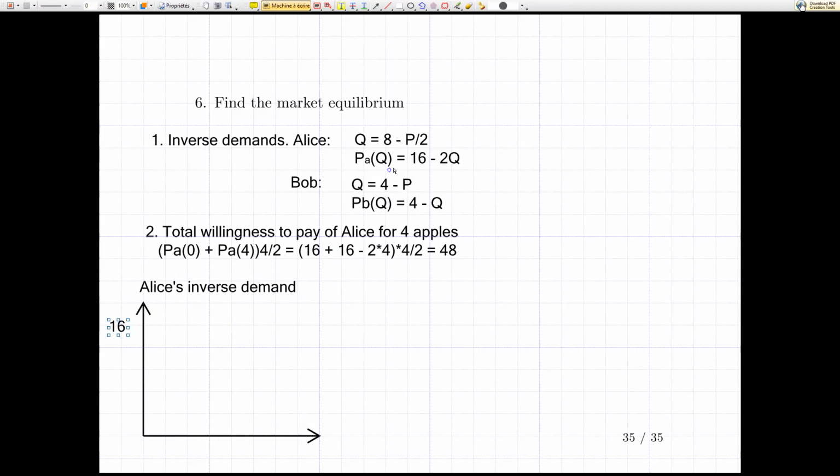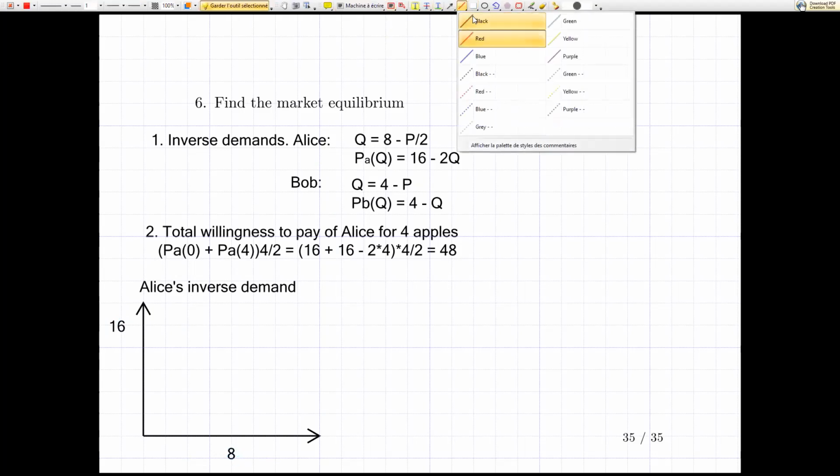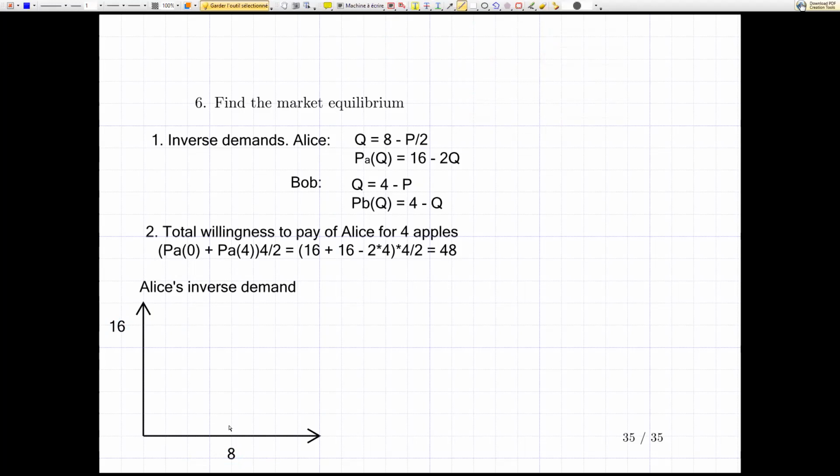The other way to do that is to ask yourself what is it when P equals 0, so you get 8. So let's just say this is 8. So Alice's inverse demand looks like this.